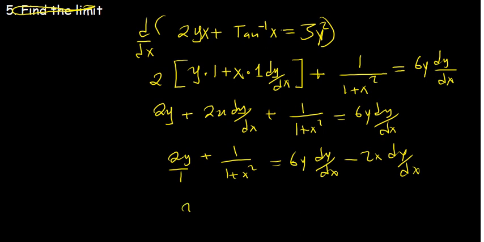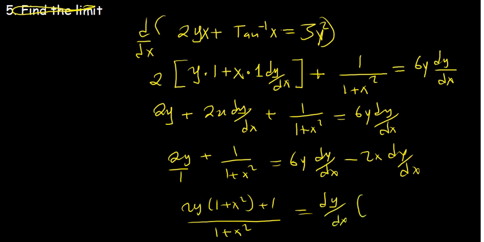That is going to be 2y times 1 plus x squared, multiply this and that is going to be y, and then multiply the two denominators, that will just be 1 plus x squared, and that will be equal to, factorize out dy over dx. So I'm going to remain with 6y minus 2x.